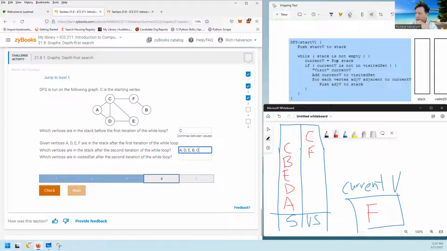Well, I think it's just C and F, because first C gets processed, and then F is going to get processed next. So I'm just going to say C and F. Let's see if this is right.